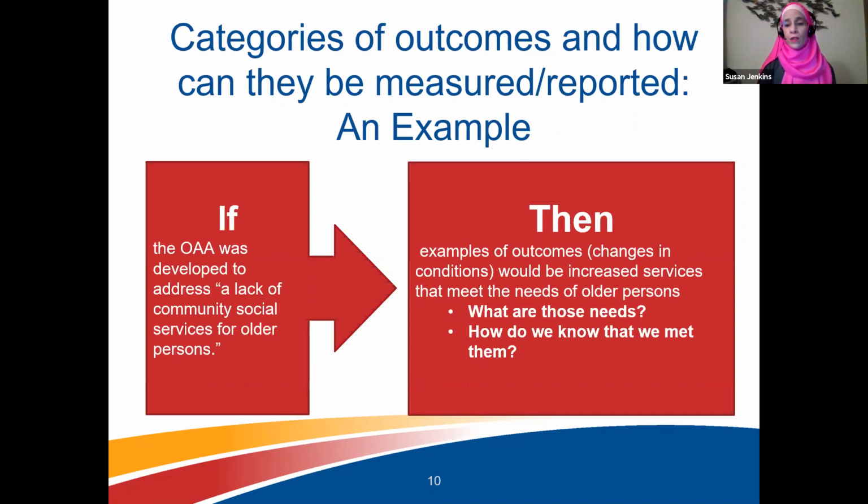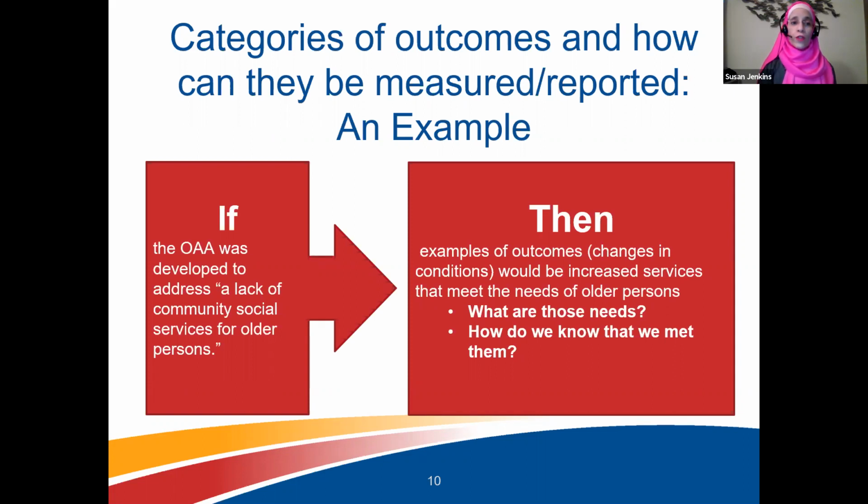Next slide. So as we think about how we come up with what outcomes we're going to measure, and this goes a little bit back to the question that was in the chat about all goals having measurable outcomes, the if really is the goal. And so you can think about it, if this helps you to think about it, as an if-then statement.